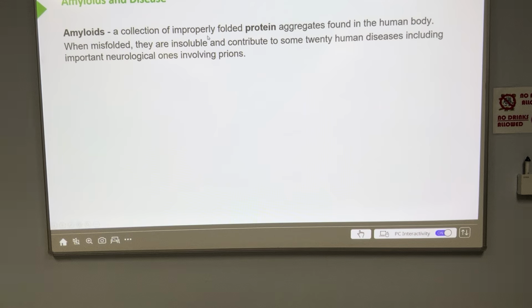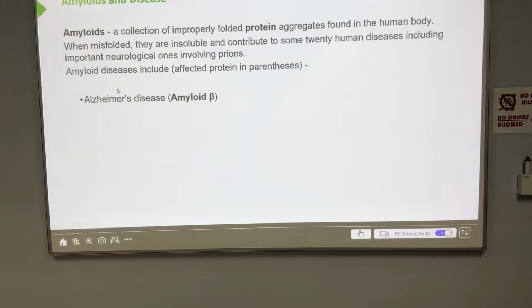Amyloid disease is a collection of improperly folded protein aggregates in the human body. When misfolded, they are insoluble and they contribute to 20 human diseases, including neurological defects. Alzheimer's disease is a buildup of so many years.